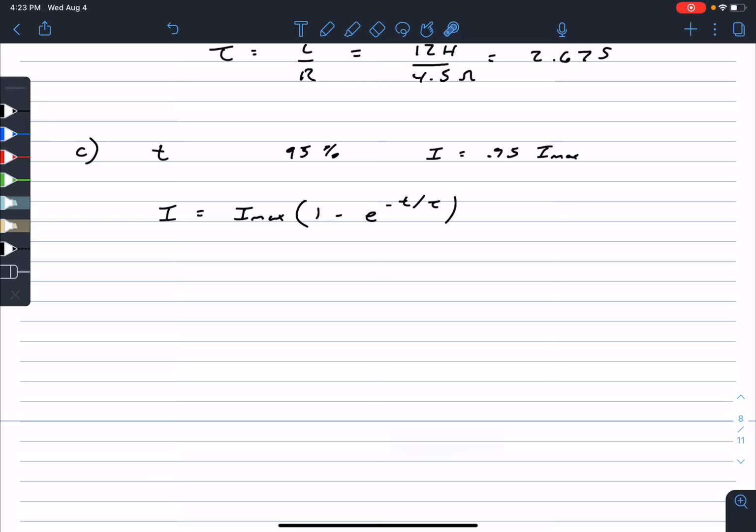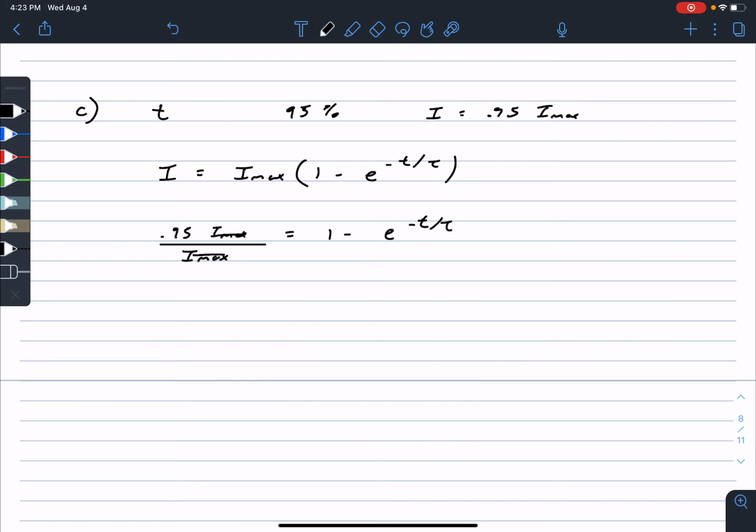So we'll take I max to the other side: 0.95 I max over I max, so those cancel, is equal to 1 minus e to the negative t over tau. We take this term to the other side, so that e to the negative t over tau is equal to 1 minus 0.95.